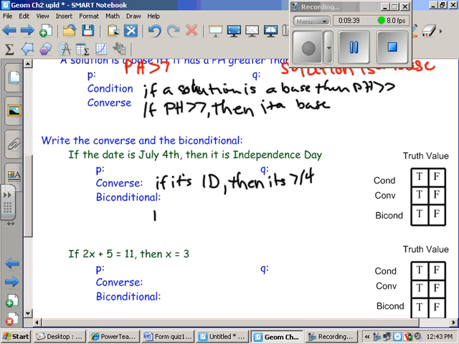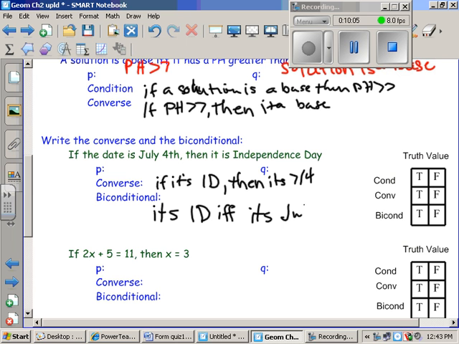It's Independence Day. What comes in the middle? What goes in the middle of all of our biconditionals? And what does it stand for? Right. Good. It's Independence Day if and only if it's July 4th. Good.